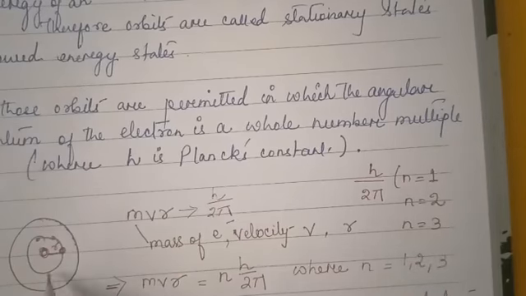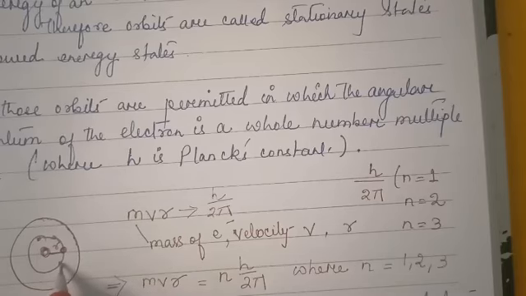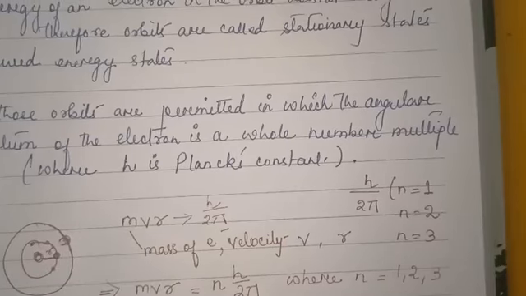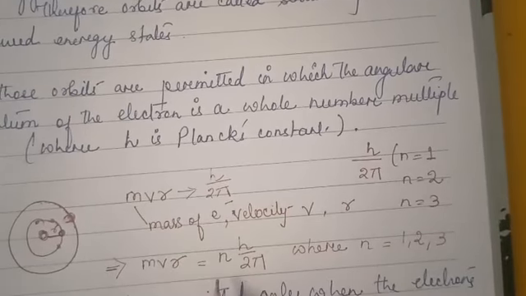When the electron is at the first shell, n equals 1, its angular momentum will be h by 2 pi. If the electron is in the next energy level, the value of mvr will be 2 into h by 2 pi.